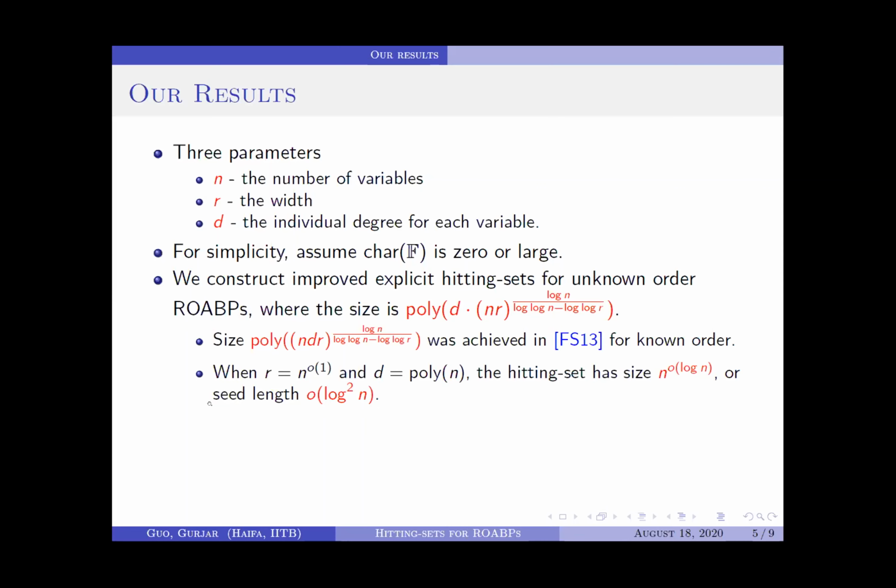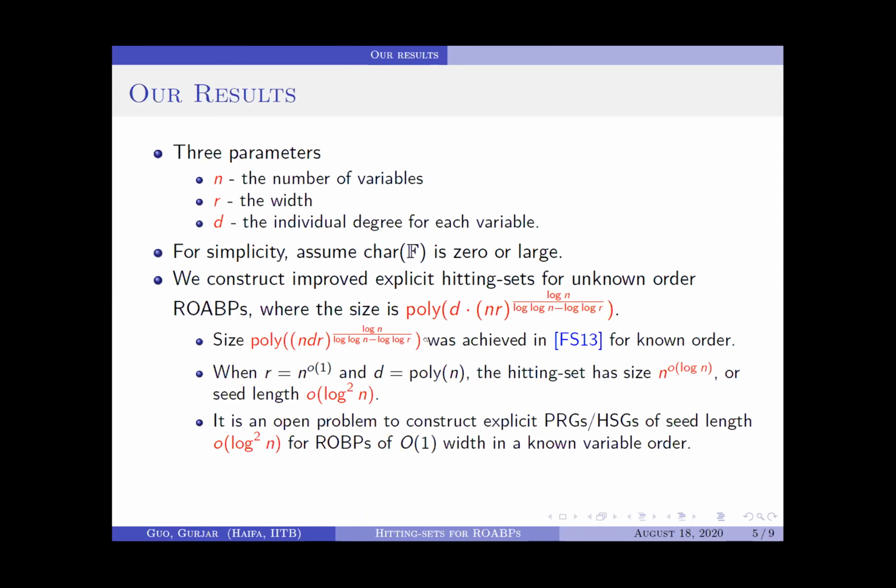If you translate into seed length, it means the seed length is little o of log squared n. This is in contrast to what we know in the Boolean world, because it's a famous open problem to construct explicit pseudo-random generators or hitting set generators of seed length little o of log squared n for read-once branching programs, even if we assume the width of the read-once branching program is constant and the variable order is known.